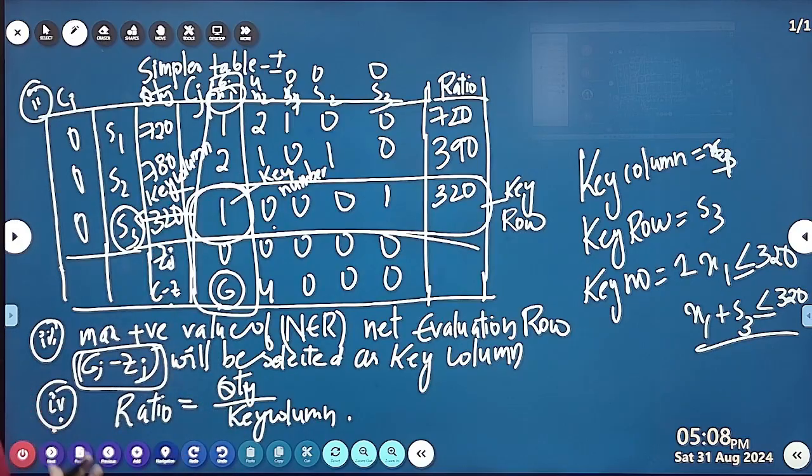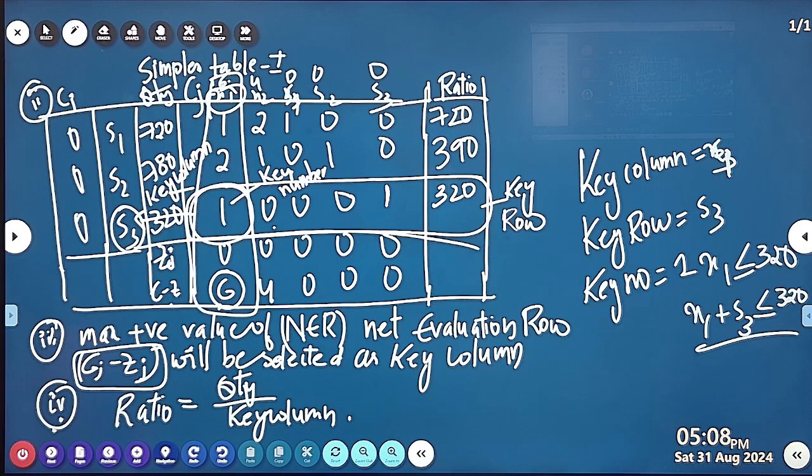Everyone remember this table. Next we need to make 2 or 3 tables like this from this table. Everyone understood this table? Is there any doubt regarding this table? Ask me now itself. No doubts?